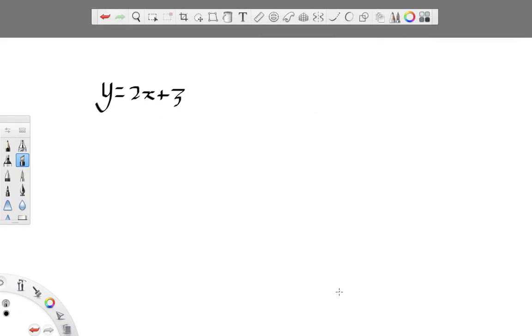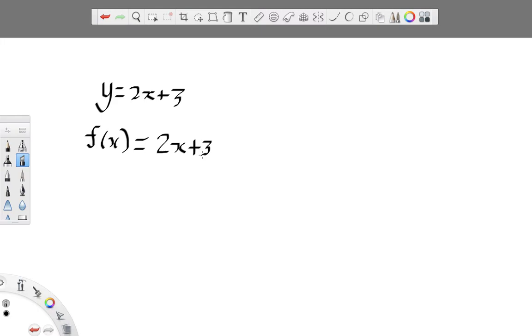So rather than drawing the big function machine diagram, what we can do instead is we can write something like this. So f of x. And what that means is a function of x. So our function of x in this case is 2x plus 3.